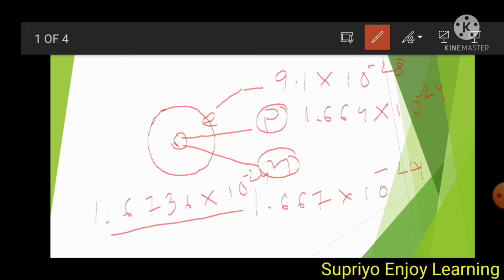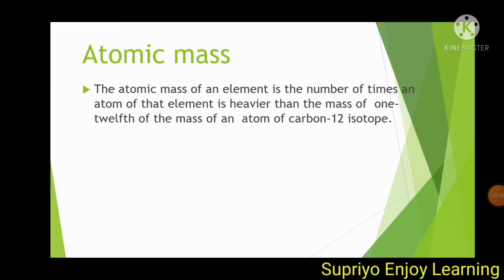That is, how many times heavier it is than the mass of one atom of hydrogen or 1/12 of a carbon 12 atom. The atomic mass of an element is the number of times an atom of that element is heavier than the mass of 1/12 of the mass of an atom of carbon 12 isotope.